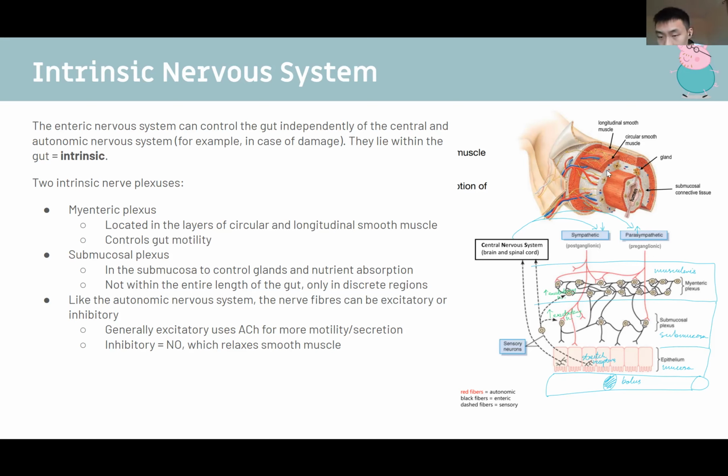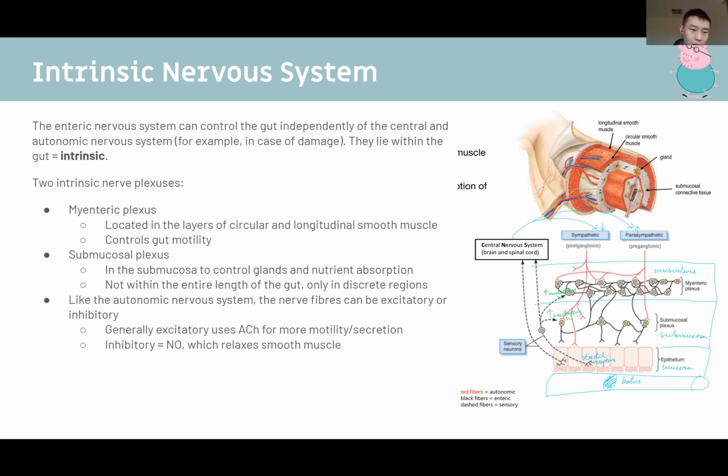So you can see that in the top right picture here, you have your smooth muscle on the outside of your myenteric plexus, and then you have your submucosal layer, which also has a submucosal plexus. And within the submucosal plexus, these nerve fibers will control your glands.